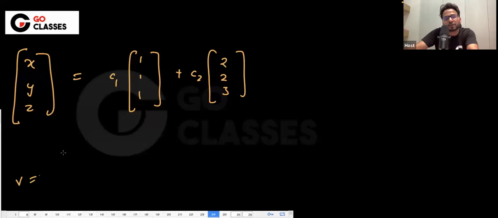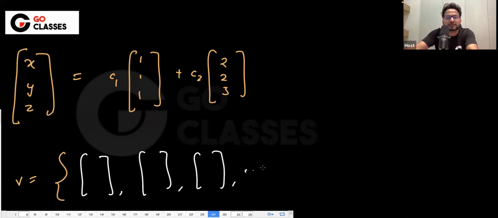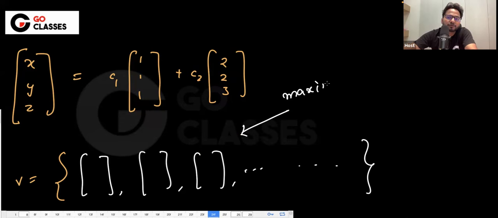If you ask me what are the possible vectors in this set, there are infinitely many vectors in this set, right? They're asking out of those infinitely many vectors, how many maximum linearly independent vectors can we choose?